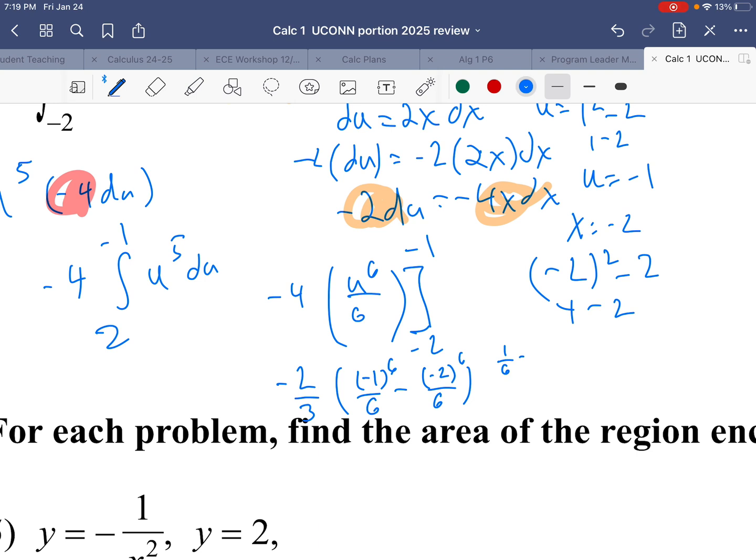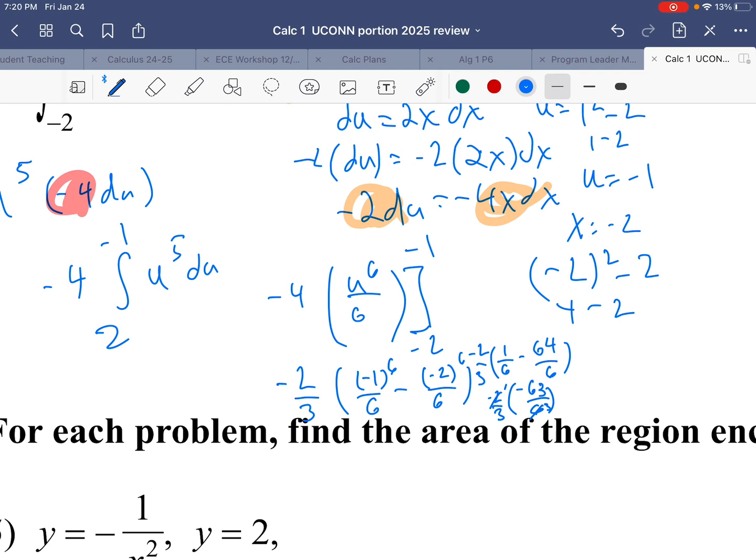Times 2 is 32, and then times 2 again is 64. And I'm multiplying this by negative 2/3. Negative 63 over 6 times negative 2/3. That would make this 3 and a 1.